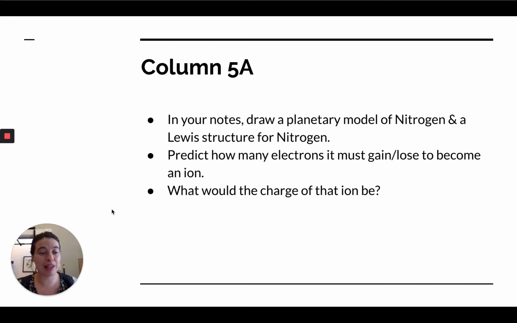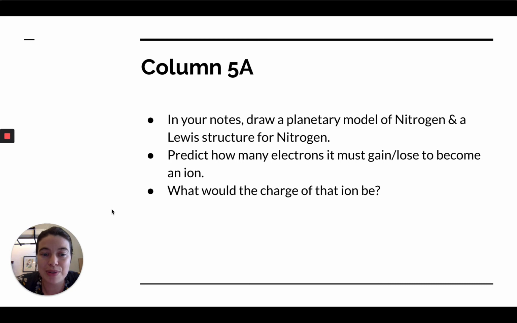I would like you to pull out your notes, and in your notes, I want you to draw a planetary model of the atom nitrogen, and right next to it, I would like you to draw a Lewis structure for nitrogen. Now, make sure you take a moment and look at those two. They should look pretty similar. You should see that the Lewis structure is like a planetary model, except you only draw the valence electrons and the element symbol.